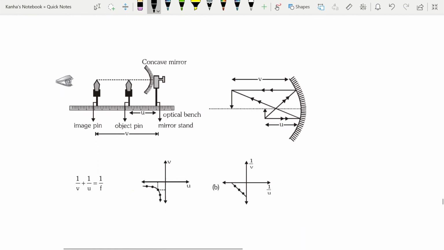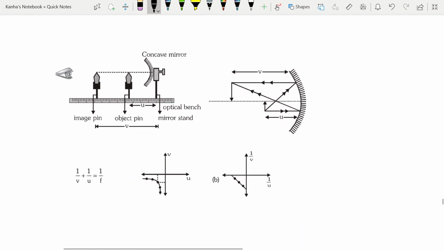Let's look at the concave mirror case. Concave mirror is also similar to the convex mirror. The procedure is the same. You place the object pin here, and then you place the image pin, and then you remove the parallax between them. You take the values as u and v, and your f is found out by 1 by v plus 1 by u is equal to 1 by f.